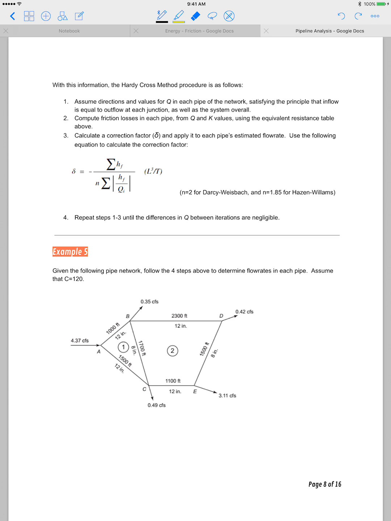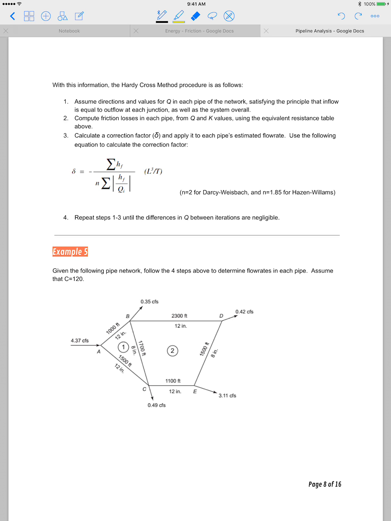And you get that correction factor by applying this: it's the negative of the sum of the H sub F's for each loop, divided by the n, the 2 or the 1.85, multiplied by the sum of the absolute value of H sub F over each Q. Okay?